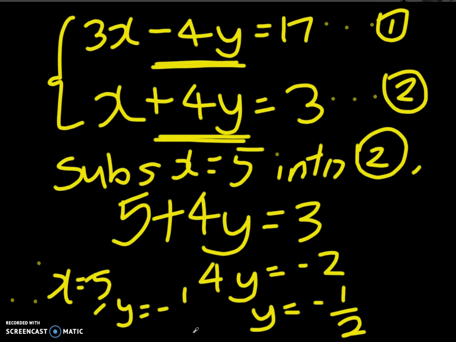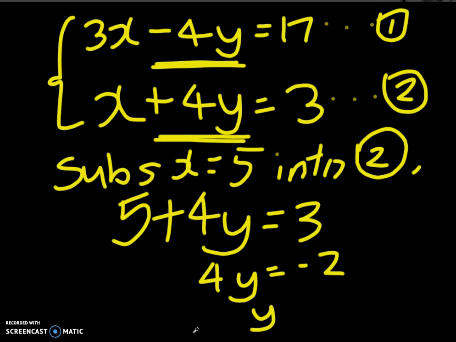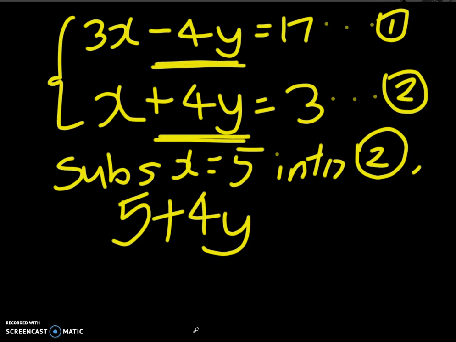If you don't believe me on this question, you can always substitute your answers back inside one of the equations, and you must get this answer or this answer. Give you some time to think about that.